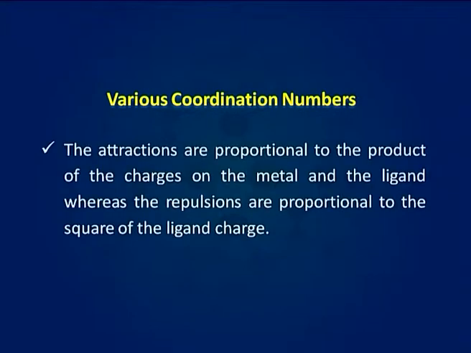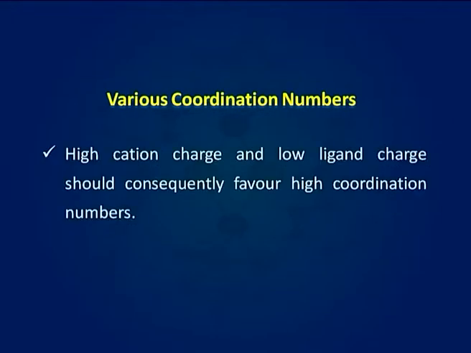The attractions are proportional to the product of the charges on the metal and the ligand, whereas the repulsions are proportional to the square of the ligand charge. High cation charge and low ligand charge should consequently favor high coordination numbers.